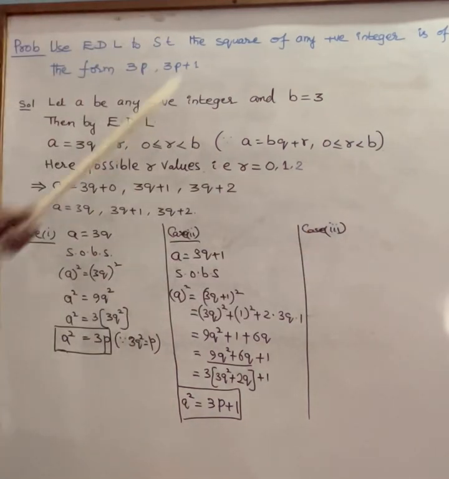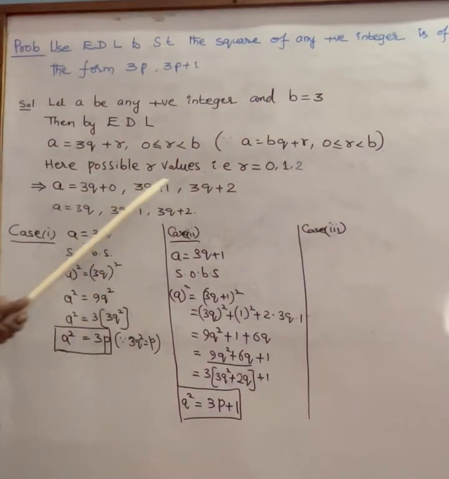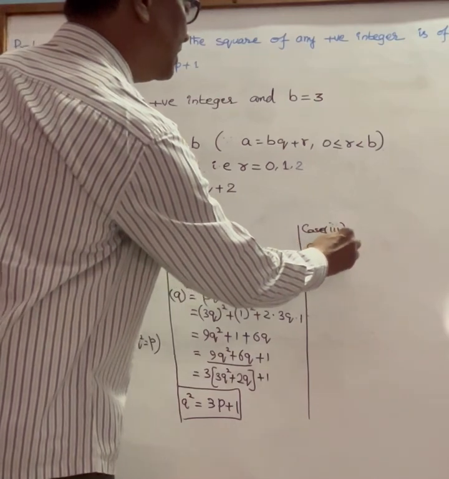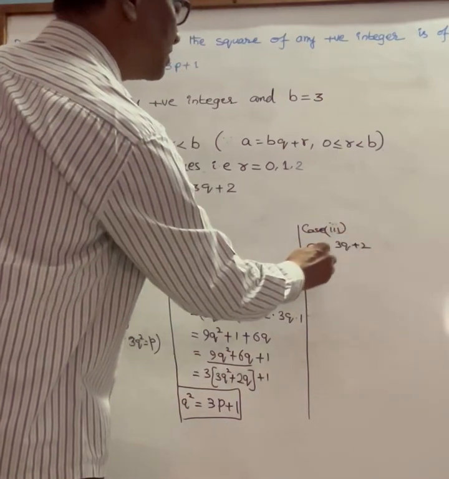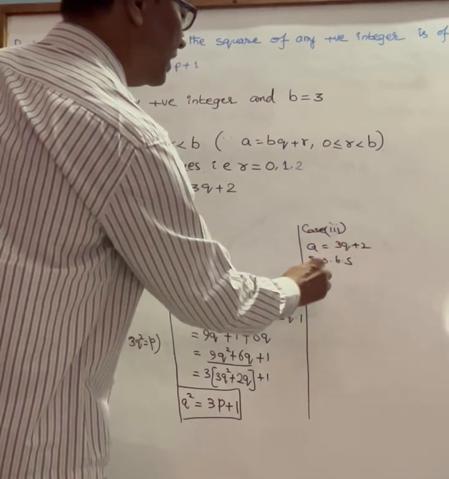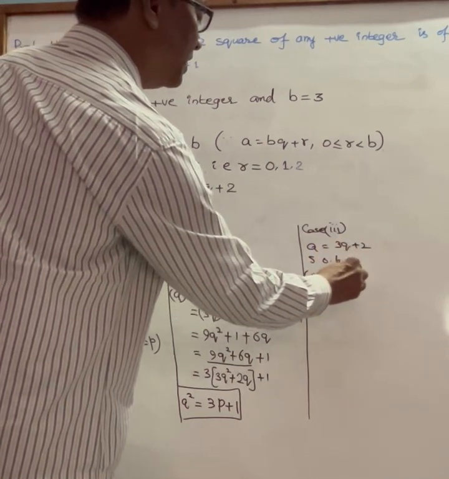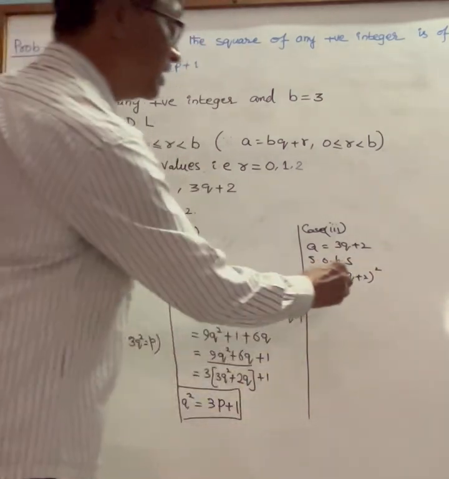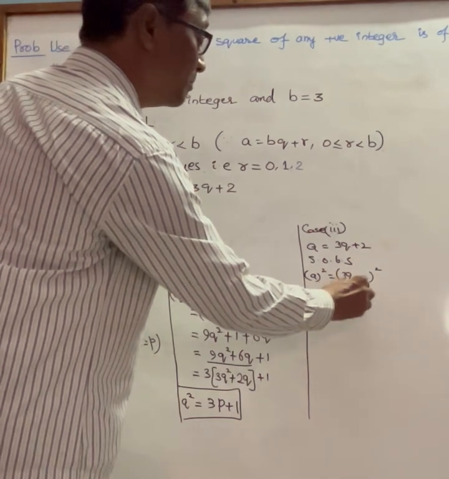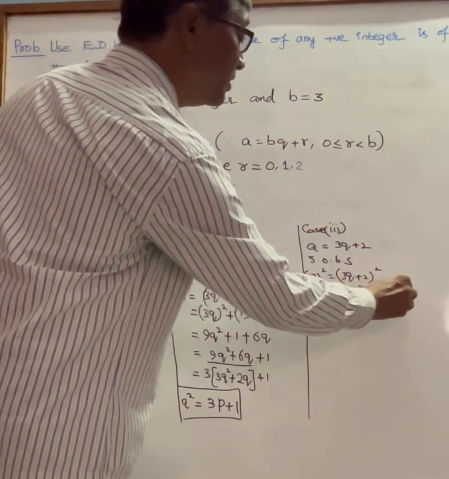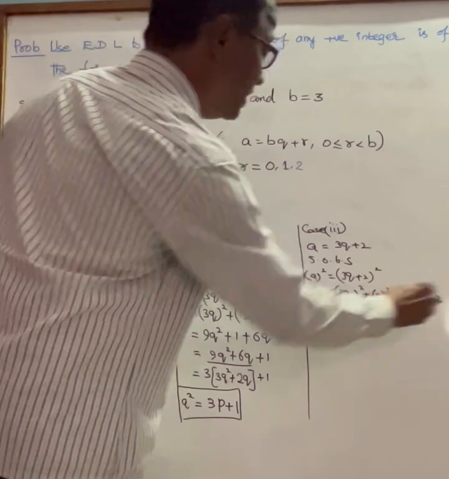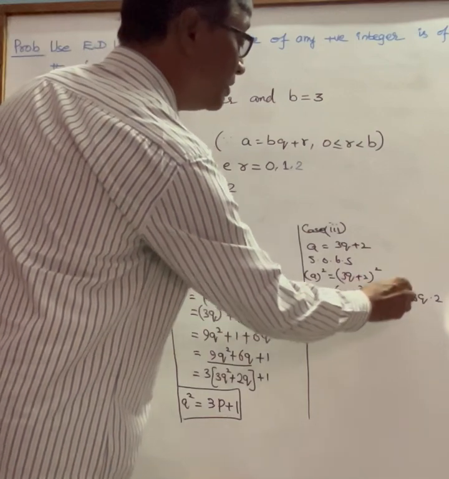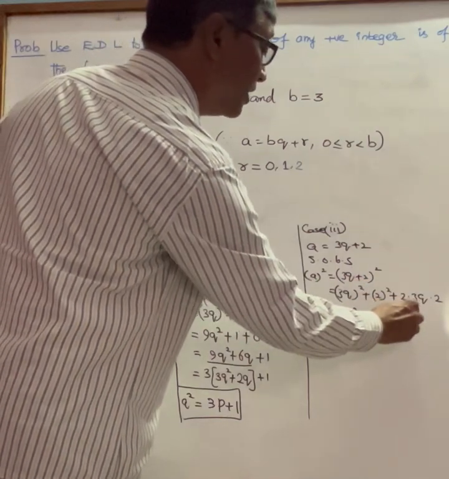Now take another positive integer, a is equal to 3q plus 2. Here also squaring on both sides. We will get a square is equal to 3q plus 2 whole square. Here also apply a plus b whole square: a square plus b square plus 2 into a into b, which becomes 9q square plus 4 plus 12q.